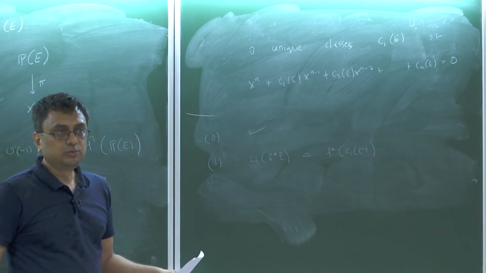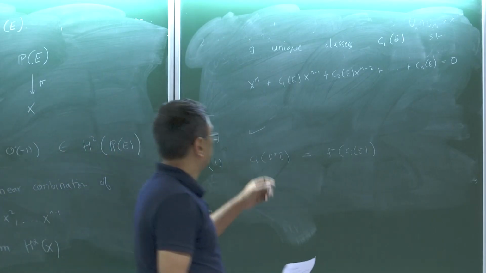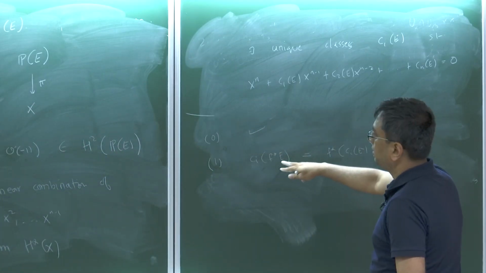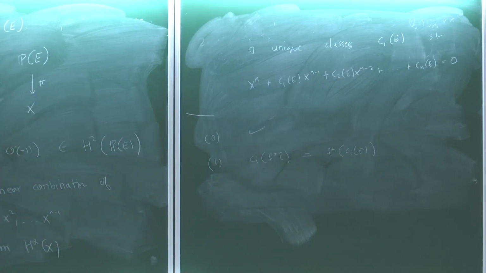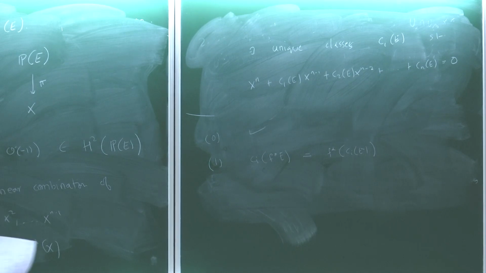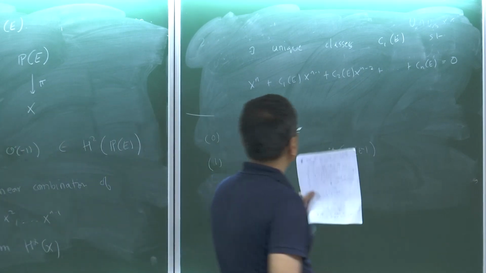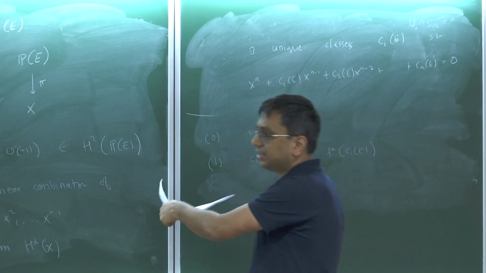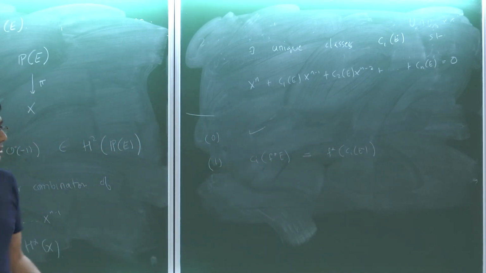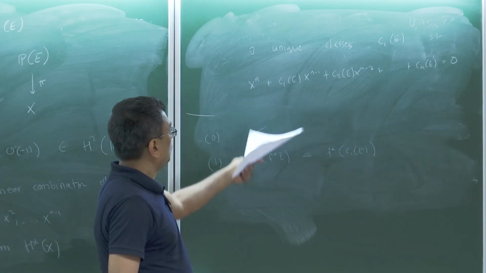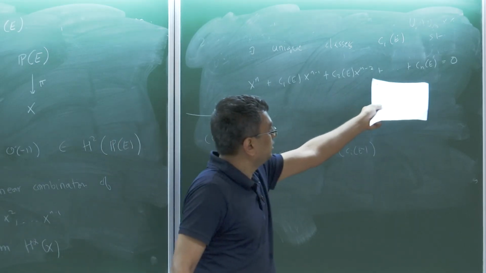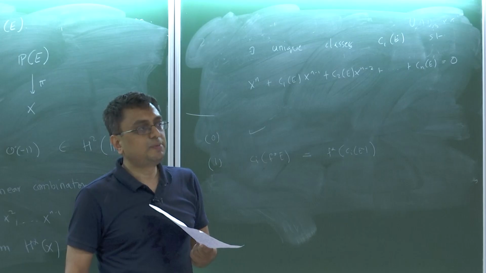Okay, this was the first requirement. This also I am going to do verbally. If I pull back a vector bundle, then the projectivization of the pullback and the pullback of the projectivization agree, and the tautological bundle also gets pulled back. Therefore this is very straightforward, because what you get is that the pullback of such a relation is 0.